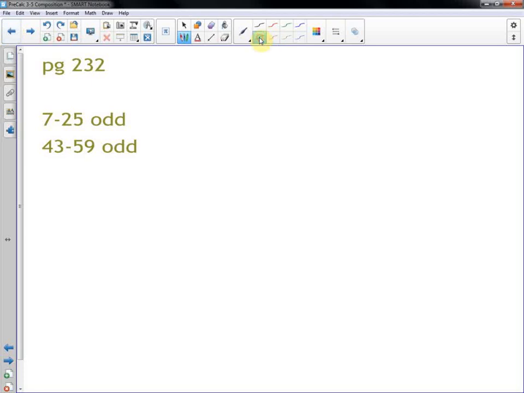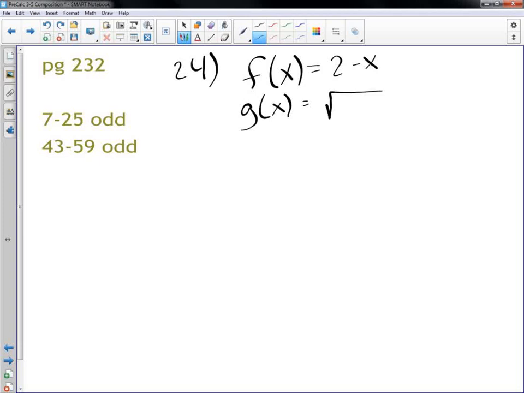Okay, it's not one of the ones you have to do, but it's a lot like 23. So on this one, they give us f of x is 2 minus x, and g of x is square root of 3 minus x. And they want us to find f of g of 1.